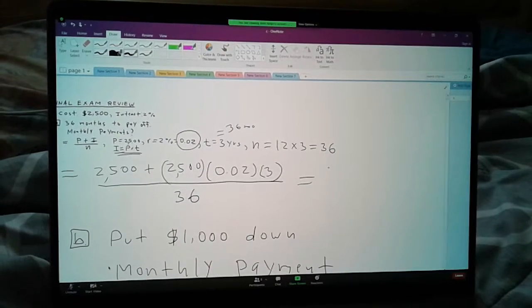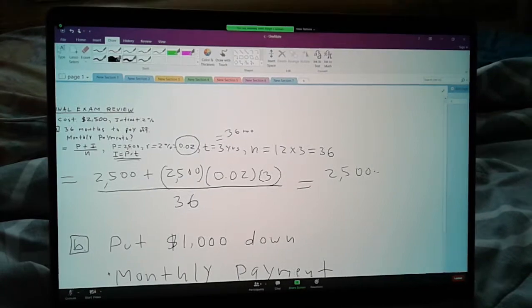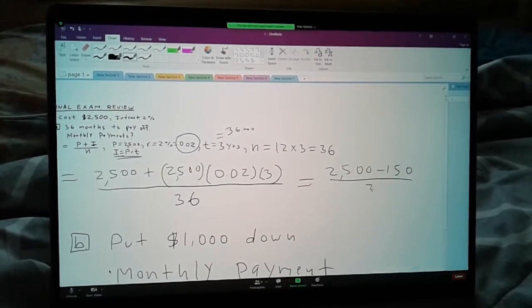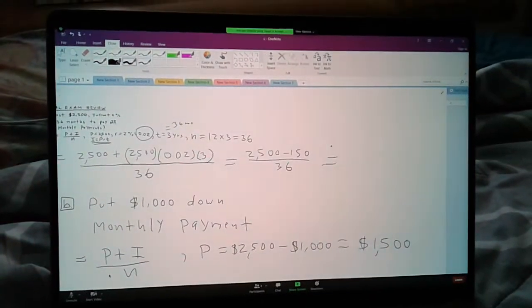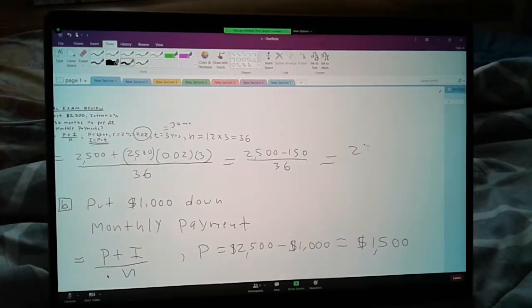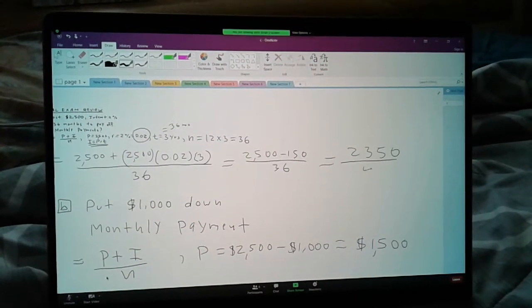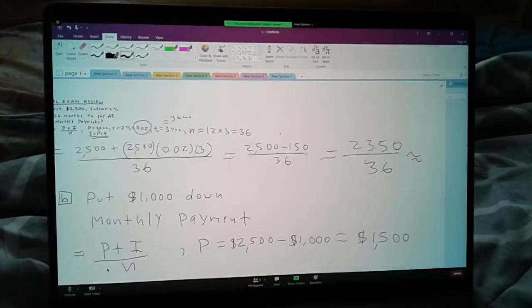So if you do the math, this ends up being 2,500 minus 150 over 36. Wait, shouldn't it be plus 150?